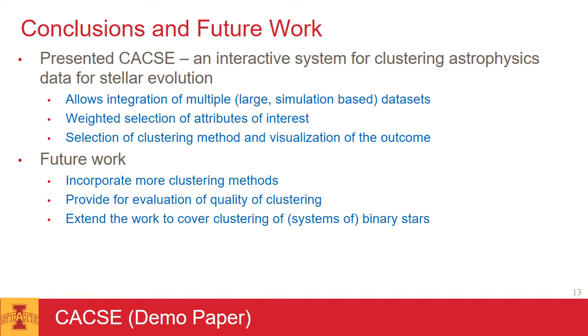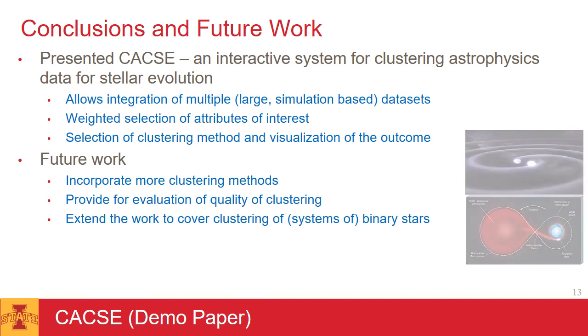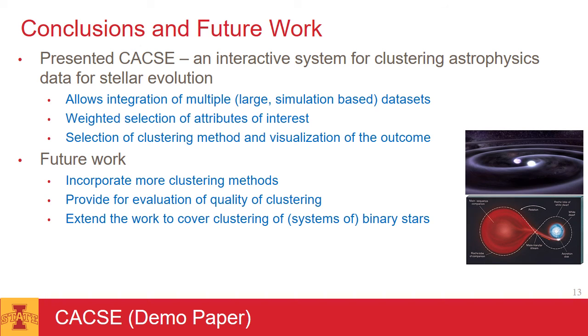Now, for the future work, as I mentioned, we are going to incorporate a few more variations of DBSCAN in particular that we're working on right now, of clustering methods. And we will use the existing literature that enables one to judge the quality of the outcomes of clustering. And then lastly, at present, we're working to cover the clustering issues when it comes to binary stellar evolutions.